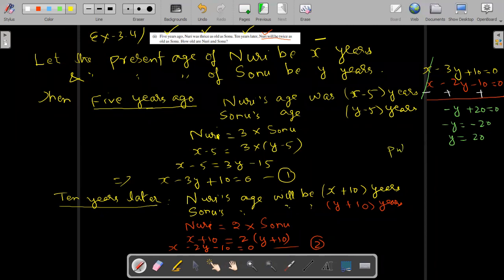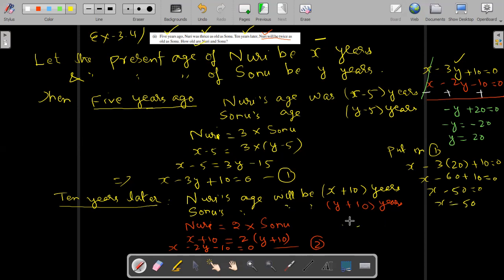Put it in equation number 1. In the first equation, x minus 3 into 20, this y is replaced by 20, plus 10 is equal to 0. So x minus 60 plus 10 is equal to 0. X minus 50 is equal to 0. X is equal to 50. They have asked how old Nuri and Sonu are, meaning the present age.